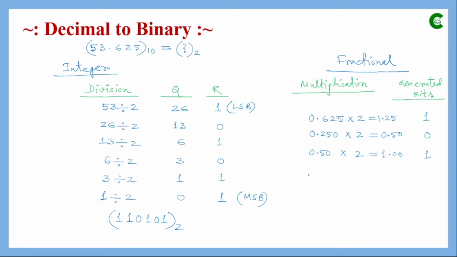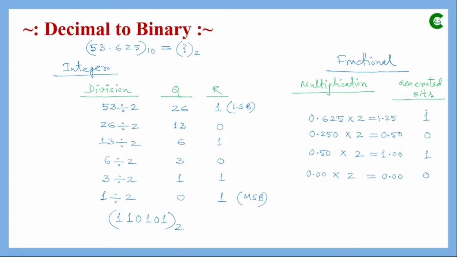Otherwise, if we continue with our multiplication, it will be 0.00 and that multiplied by 2 will be 0.00 only. So we can think this way, that we will stop our multiplication when that number becomes 0.00, meaning the final value of the integer and fractional part will be 0.